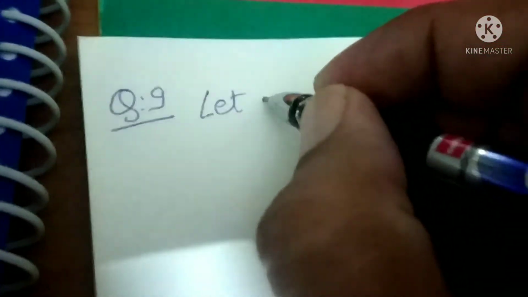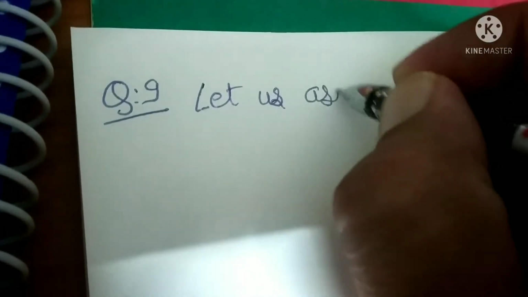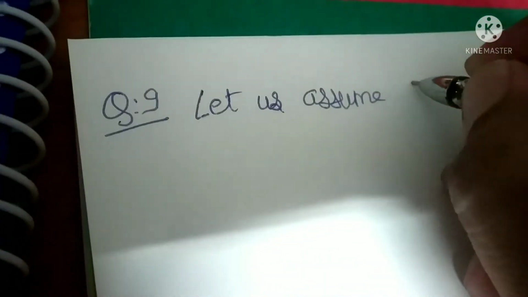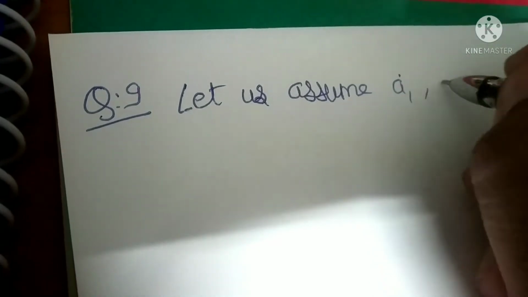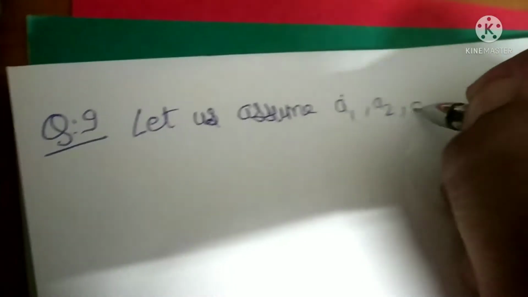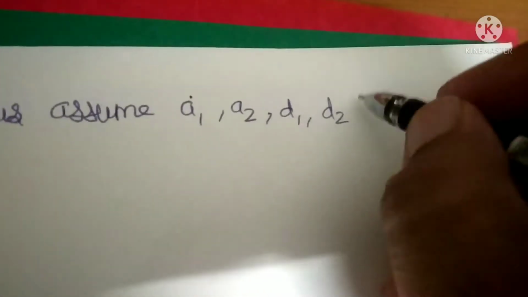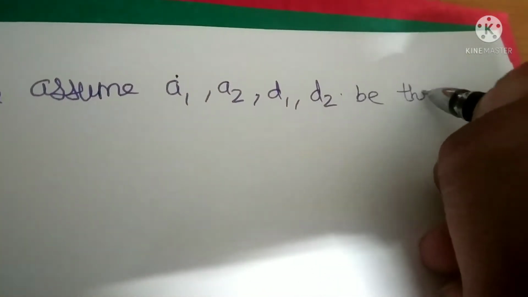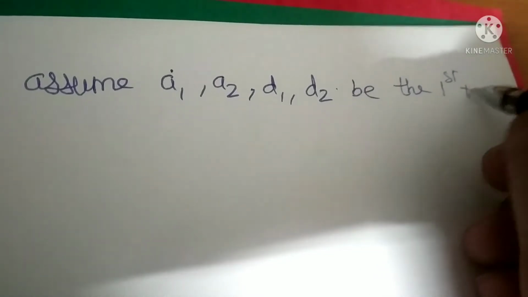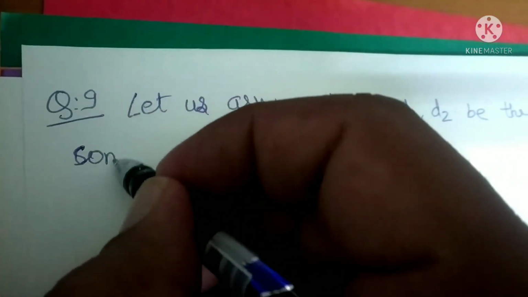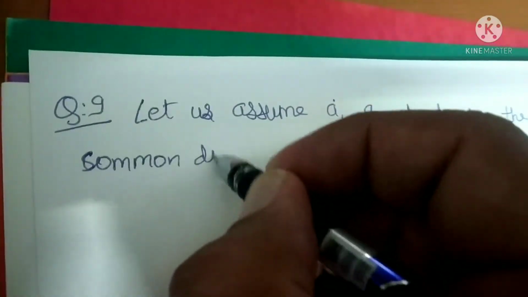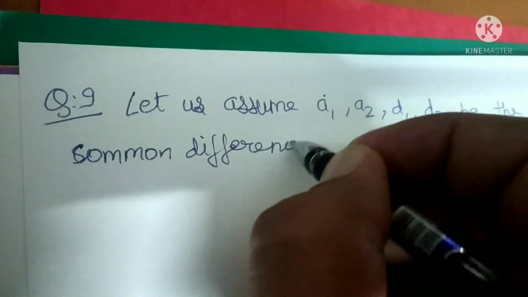So let us assume that the first term and common difference of the first AP are a1 and d1, and those of the second AP are a2 and d2. These are the first term and common difference of the two AP series.